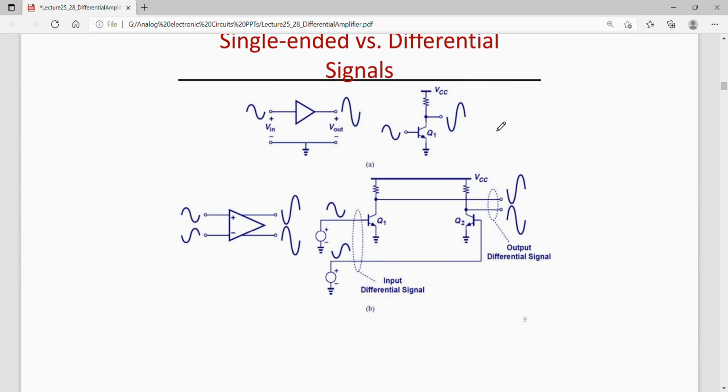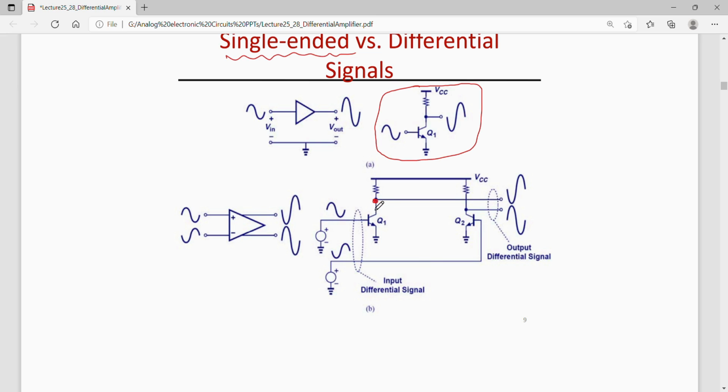So far, till the previous lectures, we had studied a common emitter configuration and other configurations, which had single-ended output. In the differential stage we have double-ended output.